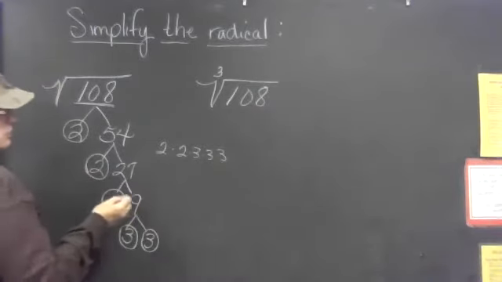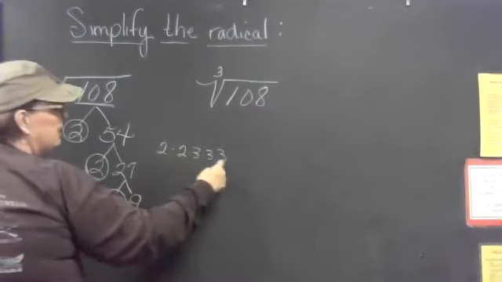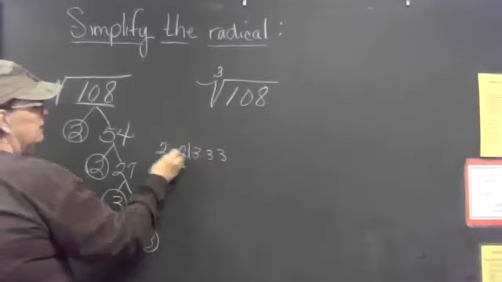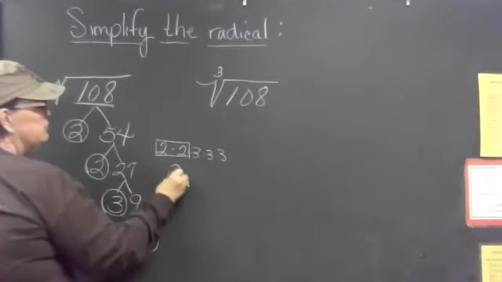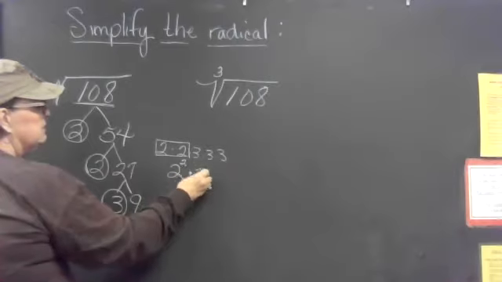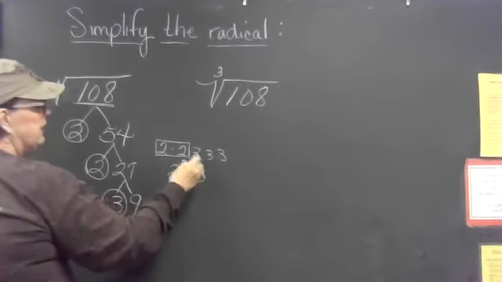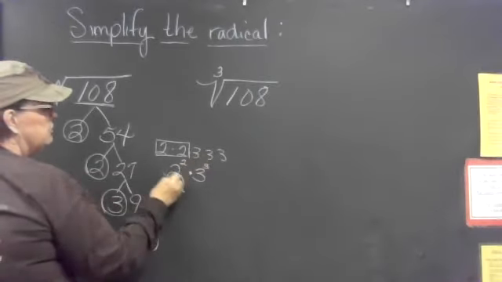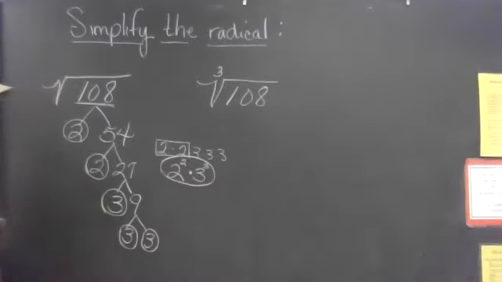And if they want a shorter, more compact way, we say there's 2 squared times 3 was multiplied 3 times, so 2 squared times 3 cubed. This would be the best answer for the product of primes. Okay, everybody? Now that's just a side trip.